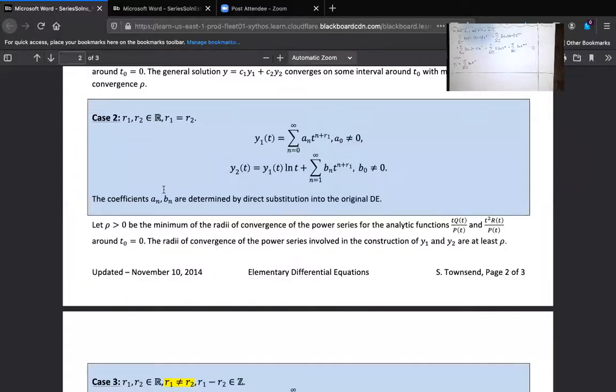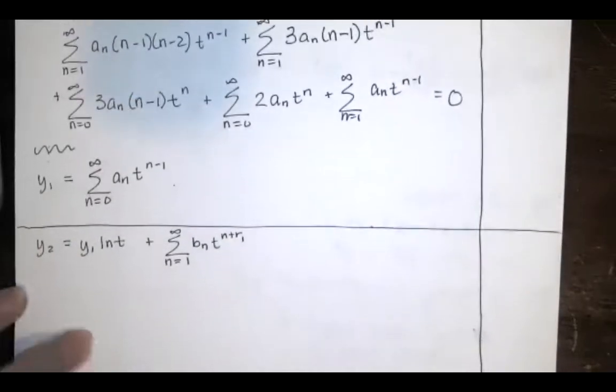Now, since we're in case 2, our second solution has the form y sub 2 equals y sub 1 times natural log of t plus the sum as n goes from 1 to infinity of b sub n times t to the n plus r1. So this is what we're dealing with. And r1 is, of course, -1.